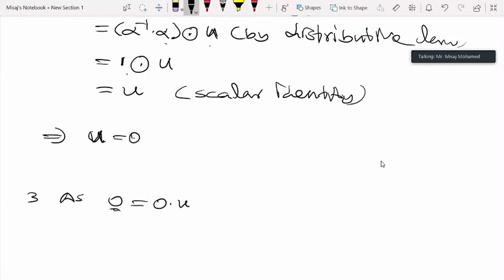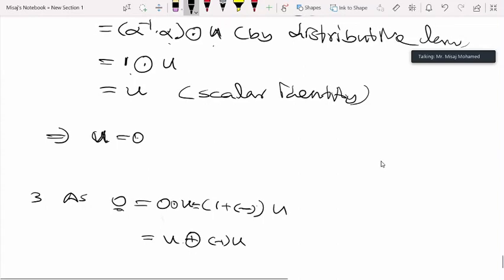Instead of 1, I can put 1 plus minus 1 into u. Therefore, I can write this as u plus minus 1 into u.